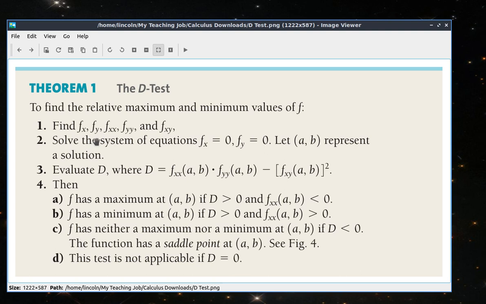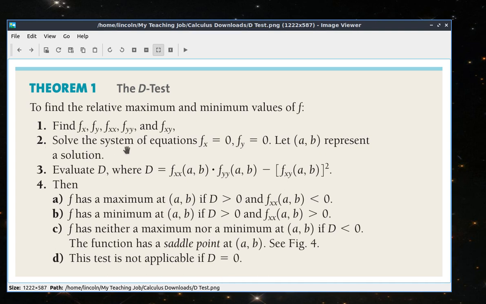We're also going to find the second derivatives: the second derivative with respect to x, then the second derivative with respect to y. fxx, fyy, and then fxy. And we could also find fyx as well. We expect it to be equal to fxy.